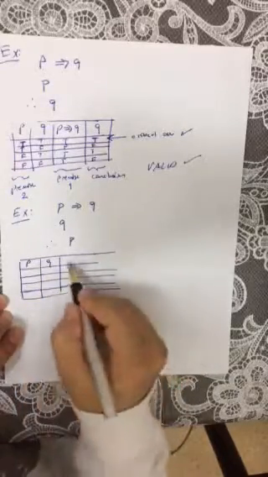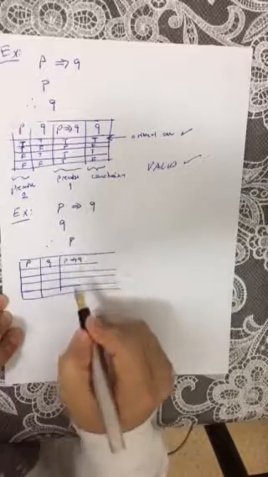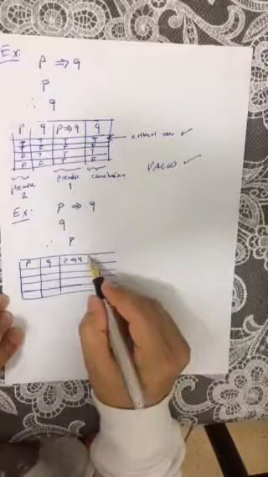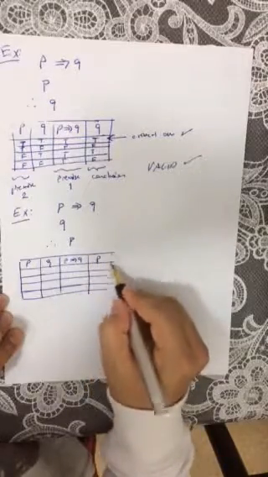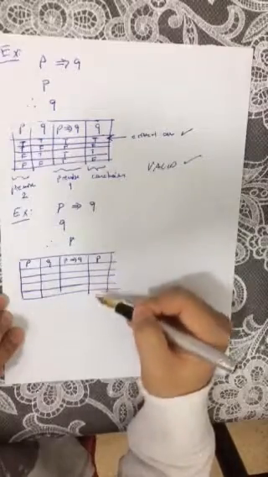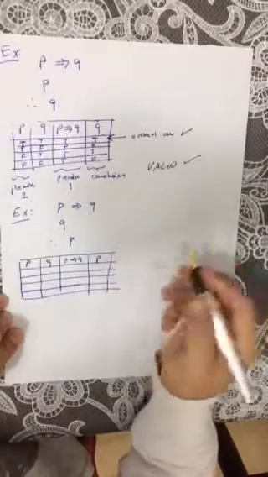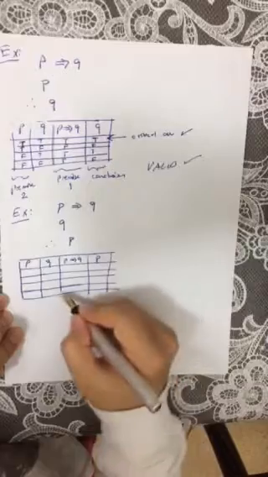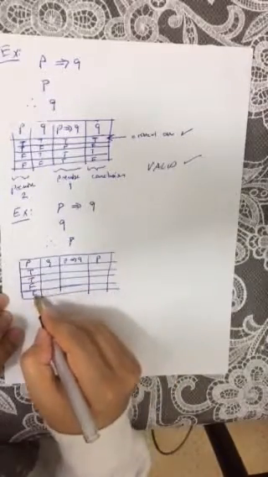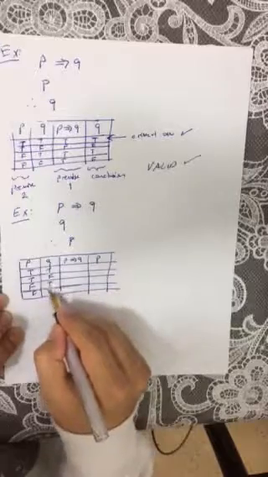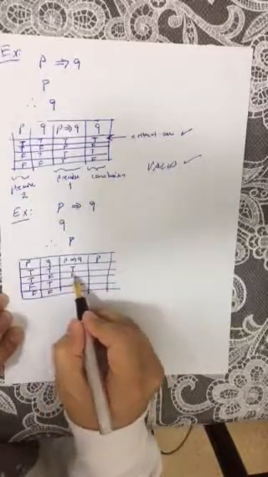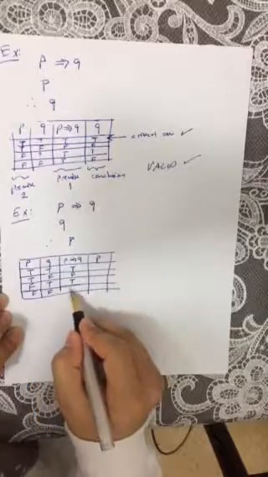This is P implies Q, and the conclusion again is P. So true, true, false, false, true, false, true, false. P implies Q will give you the usual results.